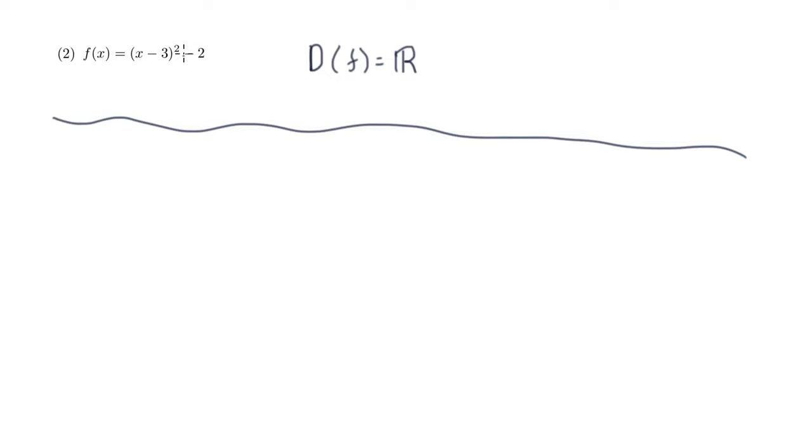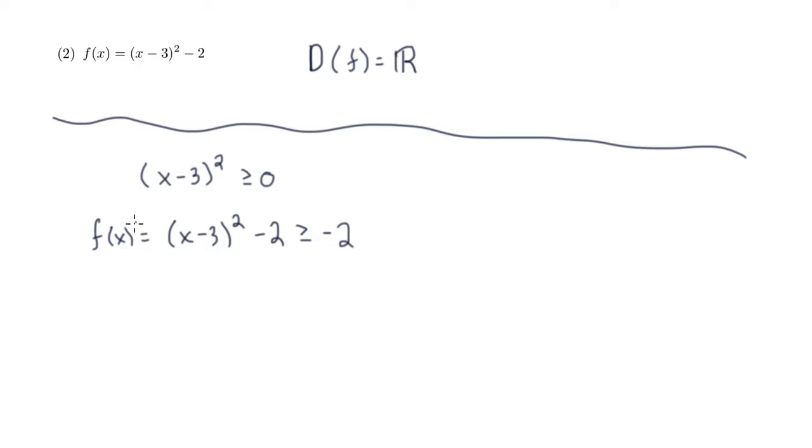So the range, again, we're going to have to use some clever observations. First of all, notice that (x minus 3) squared is greater than or equal to 0. And if I subtract 2, which is of course just f of x, so (x minus 3) squared minus 2, well, I've just subtracted 2 from both sides of this inequality.